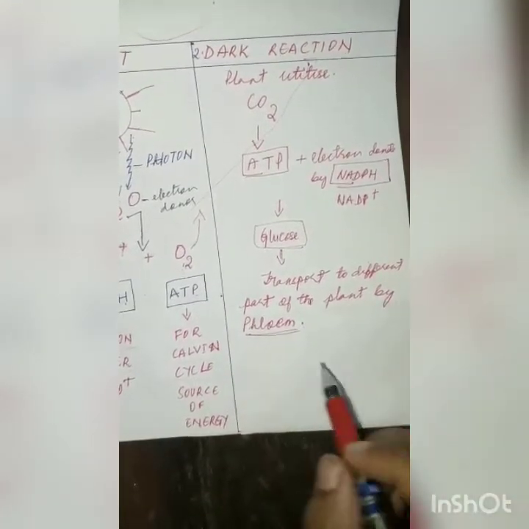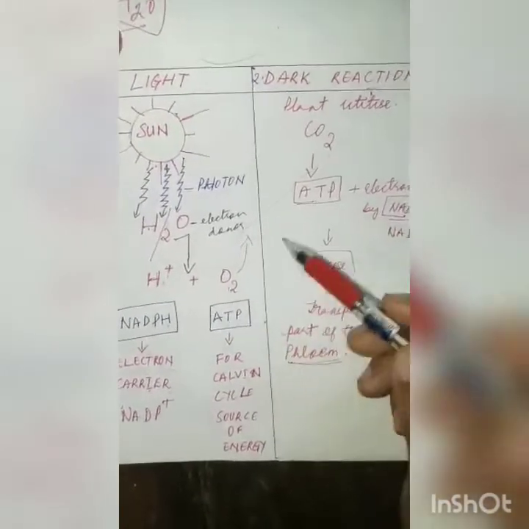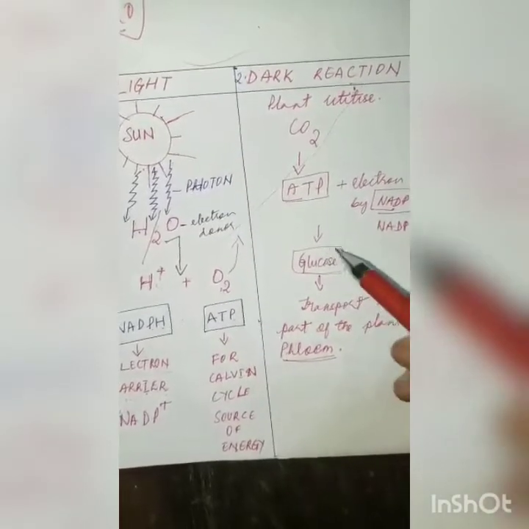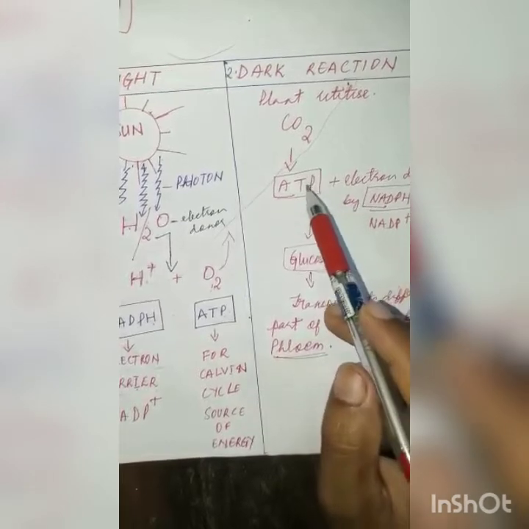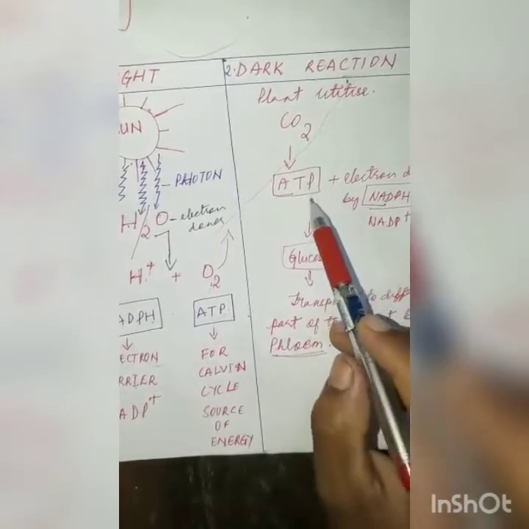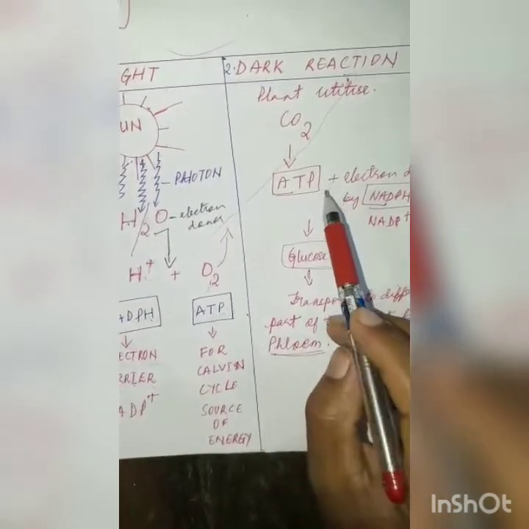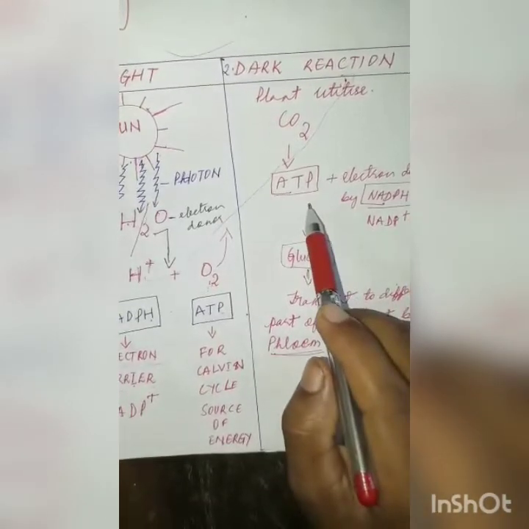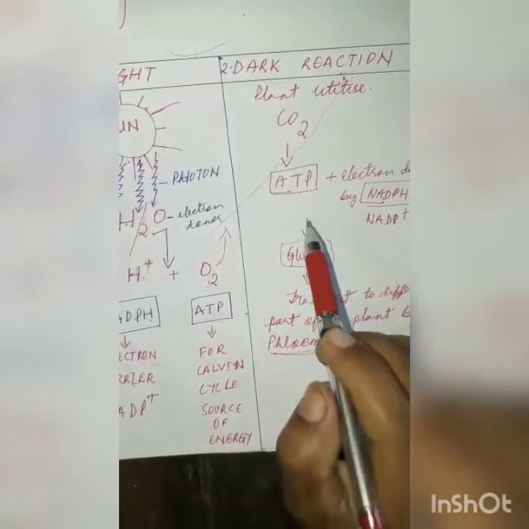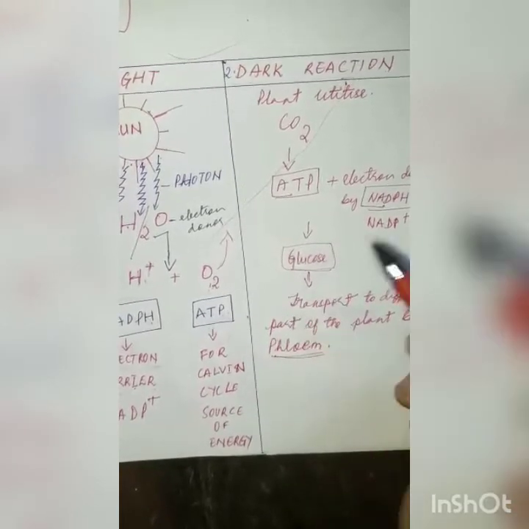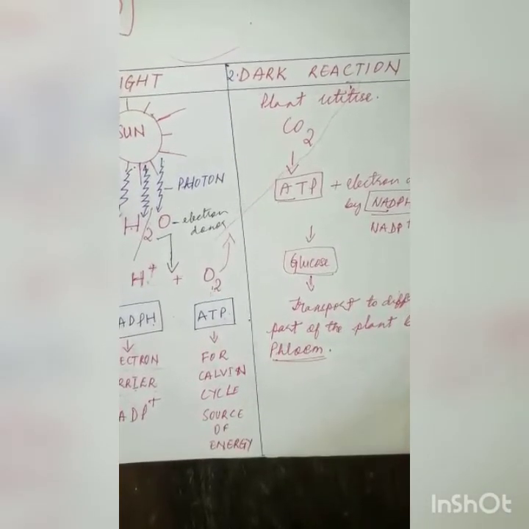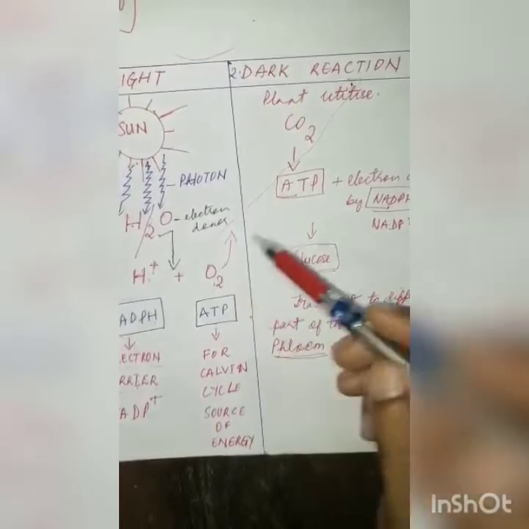So this is the simplified process as best I could. If you go into detail about the Calvin cycle, it is very long. You have to mention enzymes like the Rubisco enzyme that are responsible for the process. That's why for secondary level, this is more than enough.